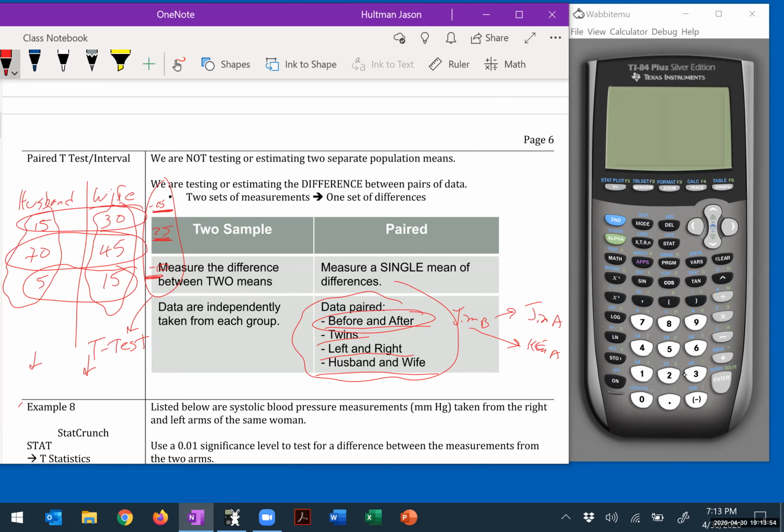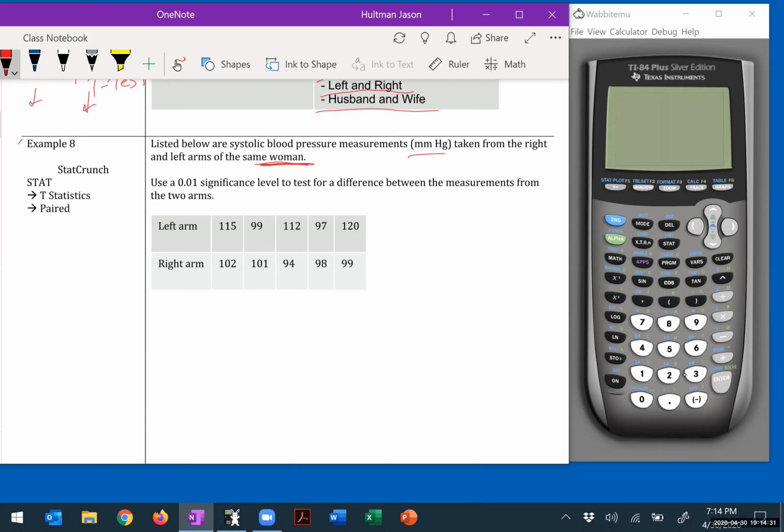Okay. So if we pair the data, we want to do a hypothesis test here. It says the listed below are the systolic blood pressure measurements in millimeters of mercury taken from the right and left arms of the same woman. Is there a difference in the arms?